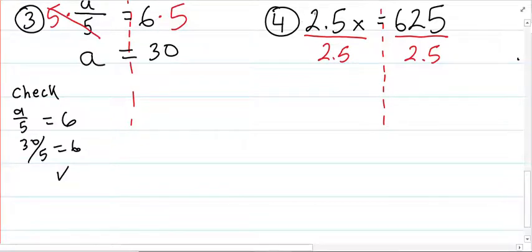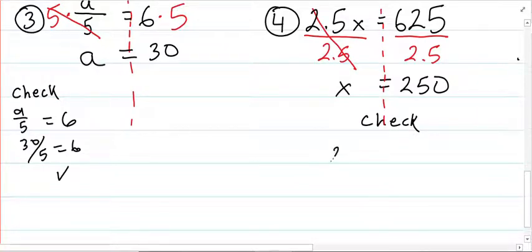But 2.5x divided by 2.5 means 1x. And we usually don't write 1x. We just write x. So x equals 625 divided by 2.5 is 250. So x equals 250. I'm going to check myself.